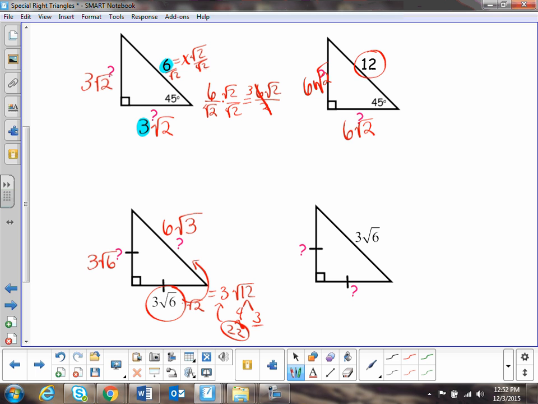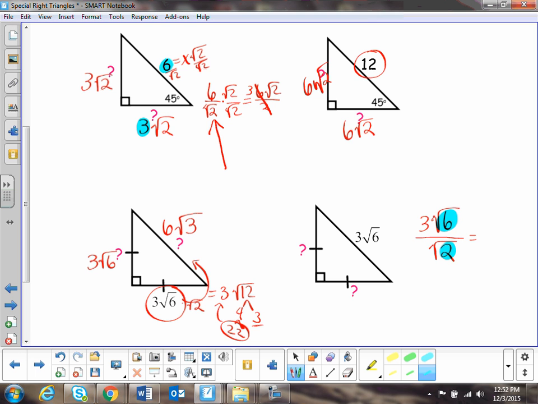Okay, and then the last one, let's say the hypotenuse is 3 radical 6. Well, what did we just say earlier? We take the hypotenuse and we divide by radical 2. Okay? So, the good thing about this, which I don't think y'all picked up on last time, this is a radicand and this is a radicand.